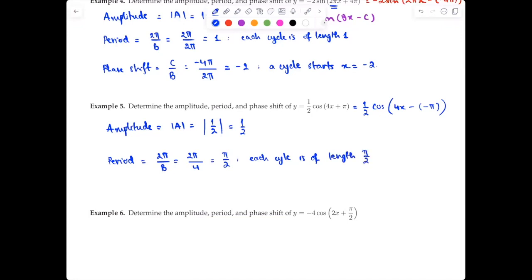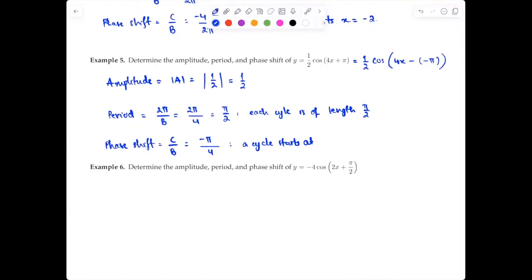And the phase shift is equal to c over b. In this case, c is equal to negative pi, and b is equal to 4. So a cycle starts at x equals negative pi over 4. So in this case, the cosine function is shifted to the left by pi over 4 units. So the starting point is at negative pi over 4.